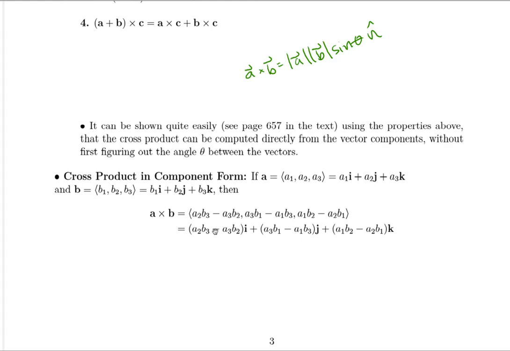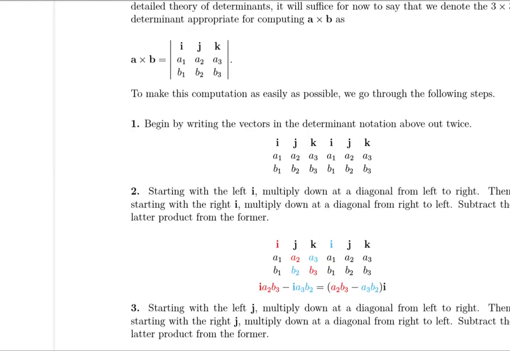The answer is sort of. You have to be able to take a cross product of vectors in component form without writing down a formula like this. But I do not suggest memorizing it as you see it. Let me show you the technique that I would suggest you use.